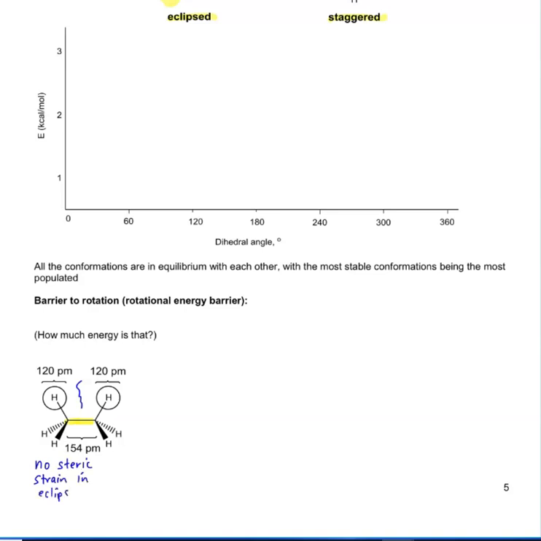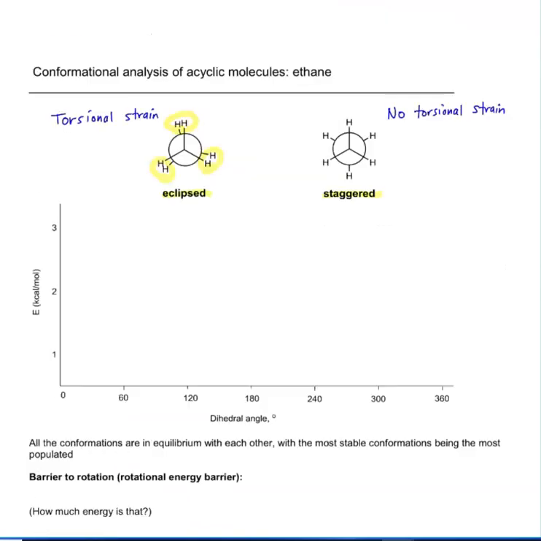The hydrogens are small enough and the carbon-carbon bond is long enough that it can keep them apart from each other. So there's no repulsion and therefore no steric strain. Now let's go back up to the top and add that piece of information in. So we have torsional strain in the eclipsed conformation, but no steric strain.